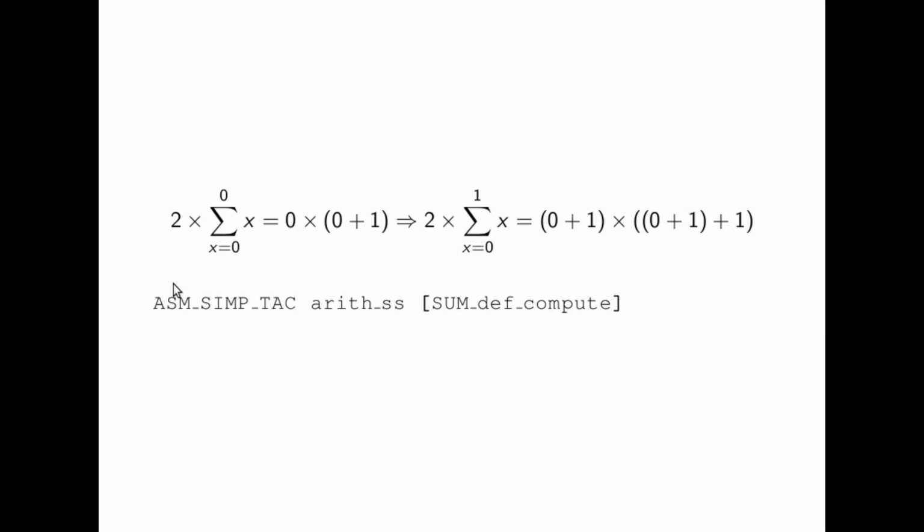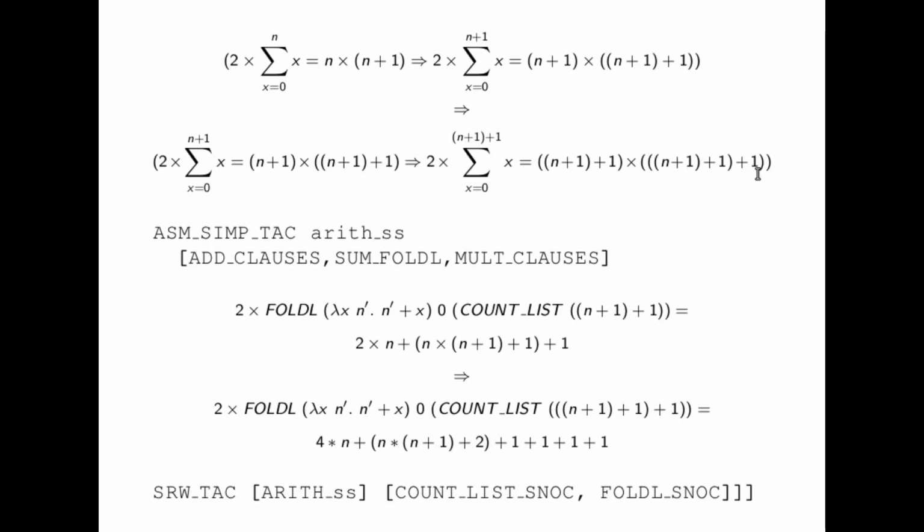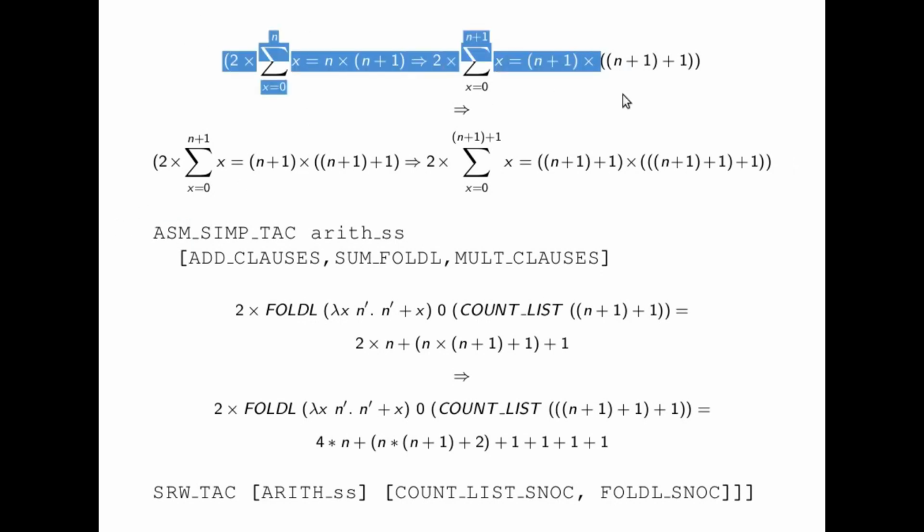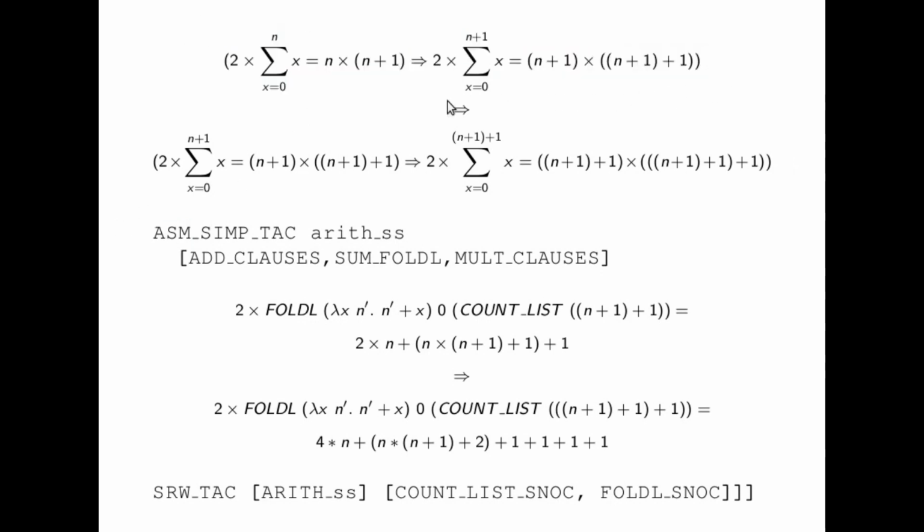Now let's do the inductive case of the second induction. This inductive case is quite large, so we still use the assumption, which is an implication. We also do arithmetic simplification, and finally we transform this summation into a use of fold left.